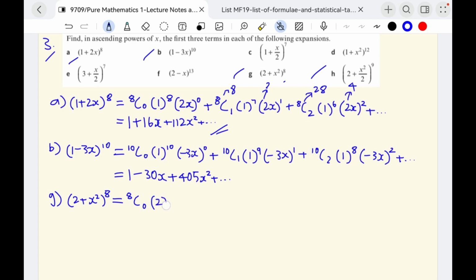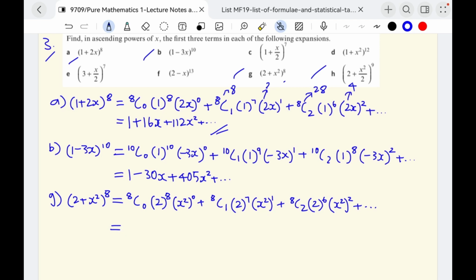So the 2 has the highest power for the first term, it is 8, because the degree of this bracket is 8. And for the x squared, it's 0, plus 8C1, 2 to the power of 7, x squared to the power of 1, plus 8C2 times 2 to the power of 6 times x squared to the power of 2, and so on.